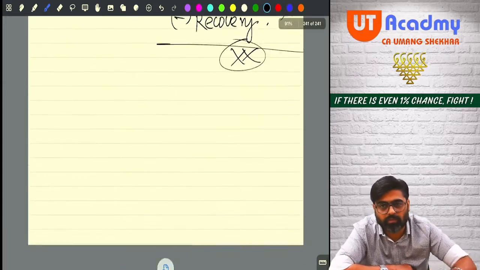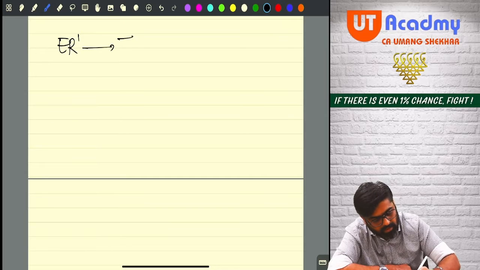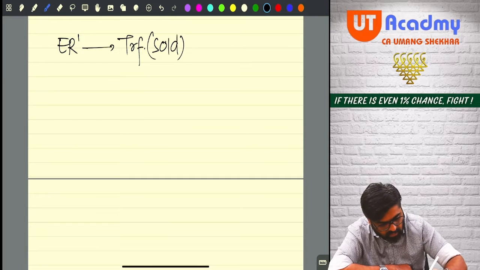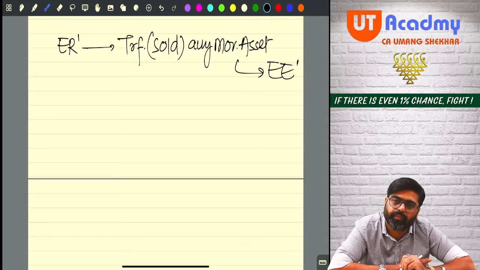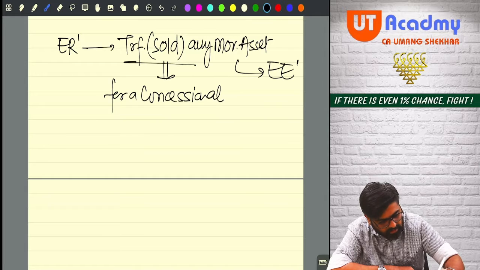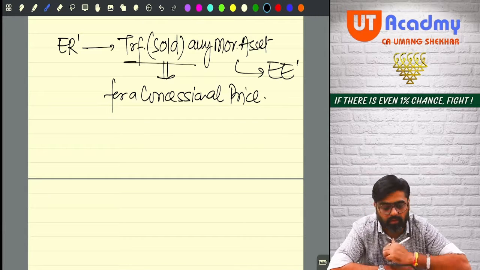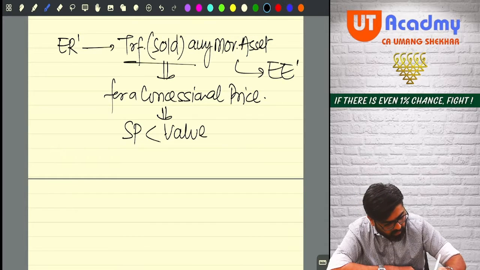Now, here comes the last one. See, this is an employer. Employer transfers means sold any movable asset, and this was sold to the employee. Now it was sold for a concessional price, meaning that the selling price is lower than the value of such movable asset.